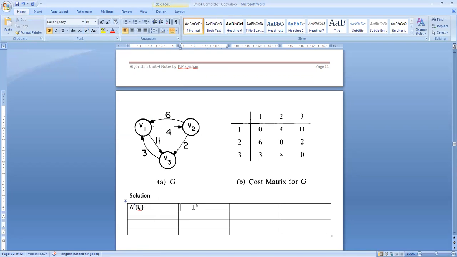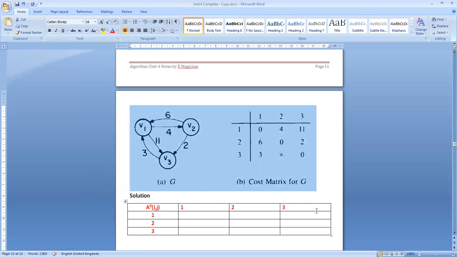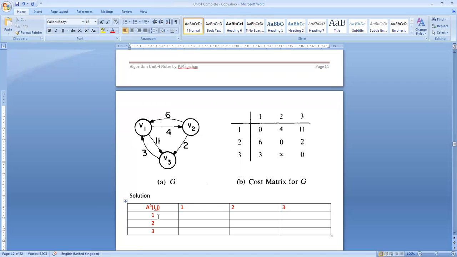What are the vertex values? 1, 2, 3 along the top, and similarly vertex values 1, 2, 3 along the side. I put them as red marks. These are the vertices.